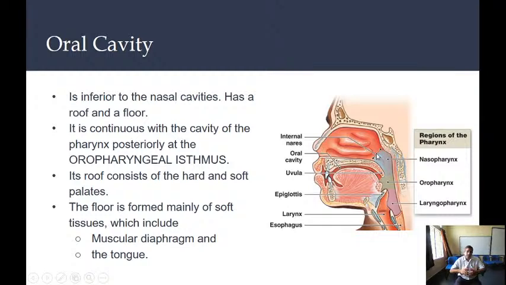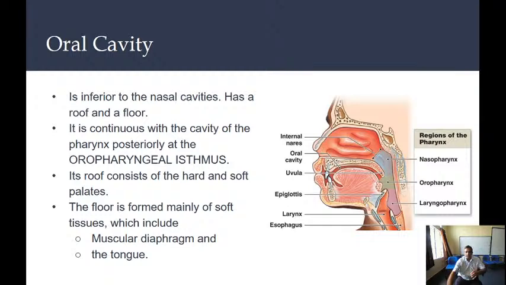Now let us see how these structures are there to perform the functions which the oral cavity does. So let us start with the roof.